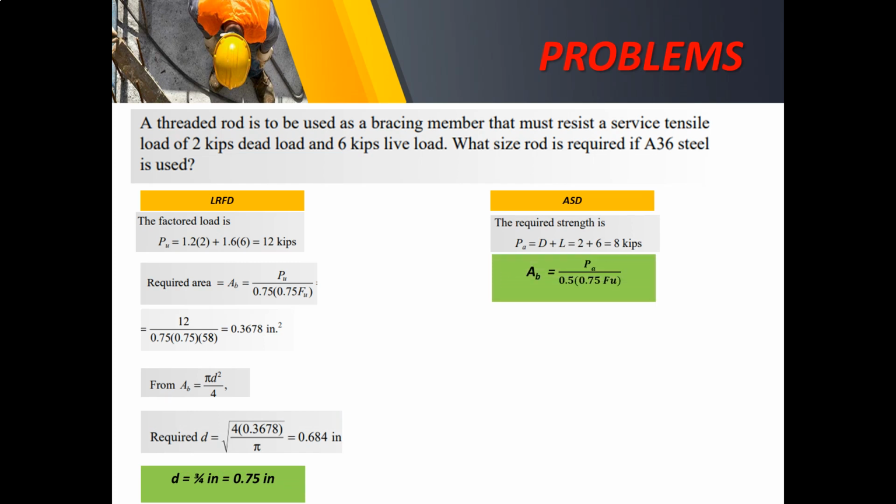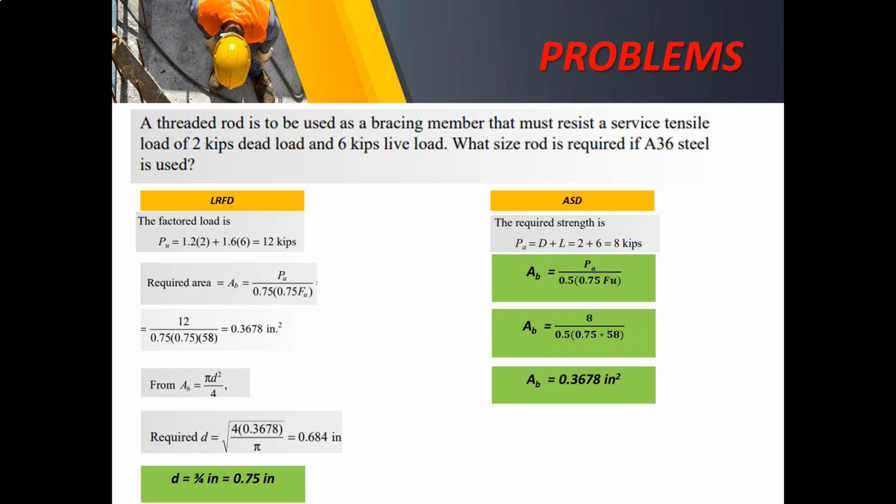Hence, we apply our required bar area, which is equal to PA all over 0.5 times 0.75 times Fu. So again, we substitute the values. We have 8 all over 0.5 times 0.75 times 58. So we will yield the bar area of 0.3678. So this is the required bar area.